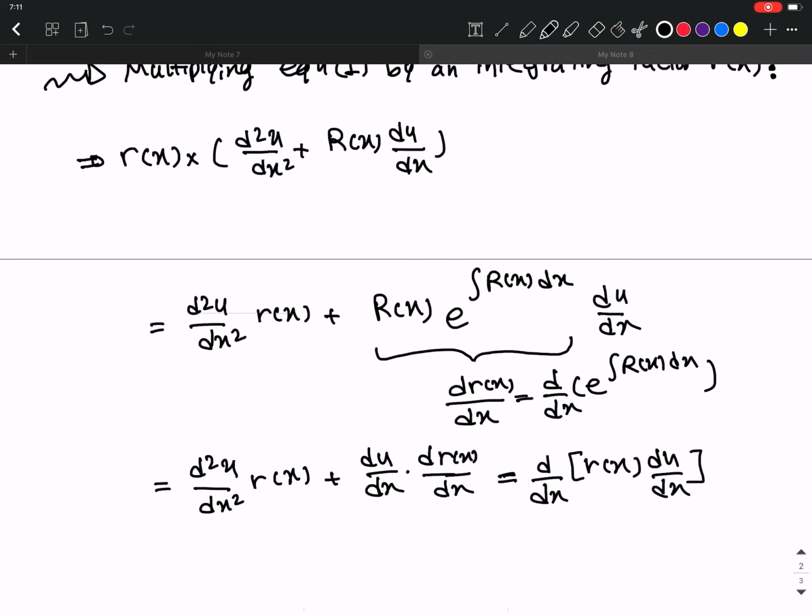The first term is dr/dx times du/dx, which is this term, plus r(x), the function, times the derivative of the second function, which is r(x) times d²u/dx². So this was just a trick to reduce these two into this.